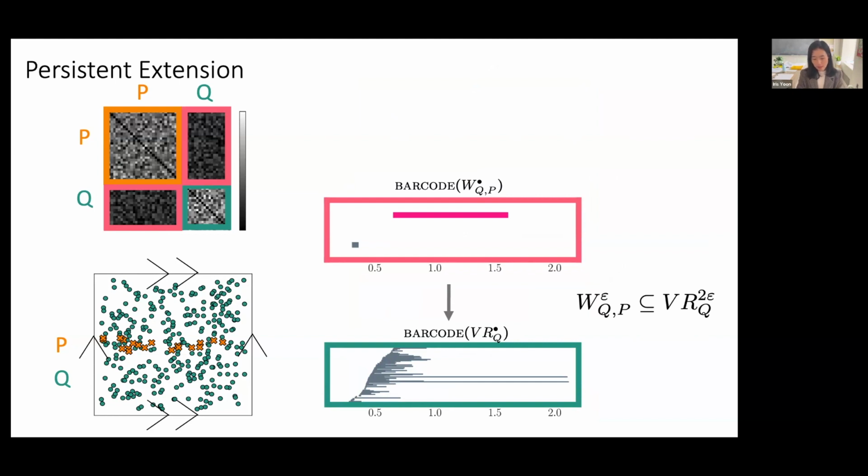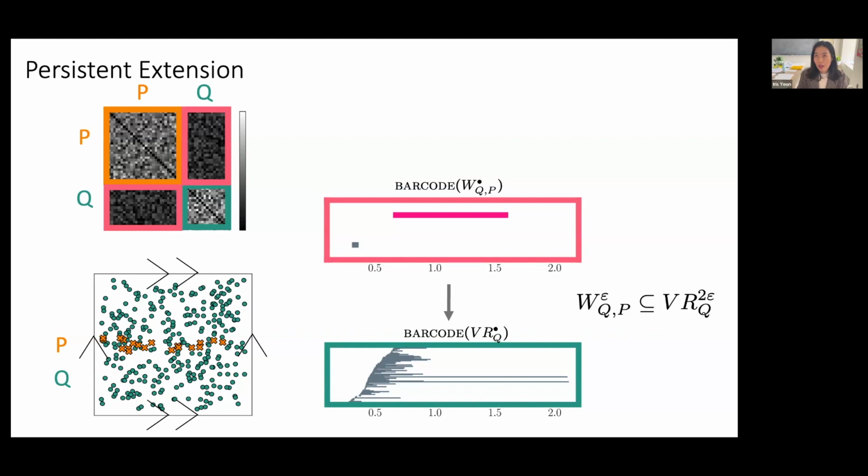The witness complexes and the Vietoris-Rips complexes here are actually built on a common vertex set. Here, they're both built on the points Q's, and they're just two distinct filtrations. The usual way of comparing witness filtrations and Vietoris-Rips filtrations is using this relation that I've shown here in the slide.